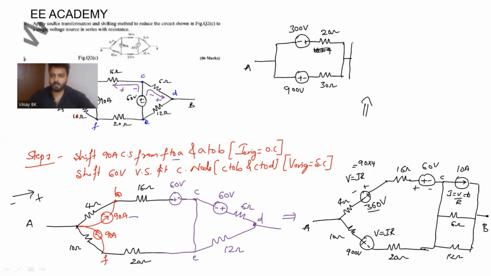So here 10 amperes as it is, and 6 and 12 are in parallel. So if you have 6 and 12 in parallel, you can get one equivalent resistor, that is nothing but 6 into 12 divided by 6 plus 12. 4 ohm you will get.